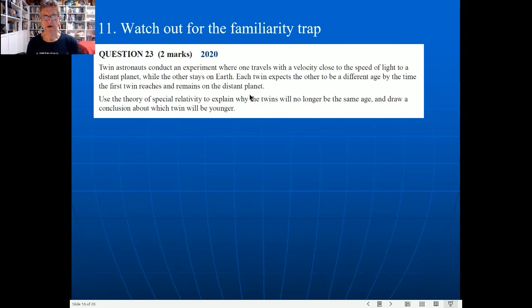Okay, so the twin paradox is about arriving back at Earth. This question just uses twins, but one lands on a different planet. So you get trapped by the familiarity. When I was thinking of the answer for that, I just automatically thought of explaining the twin paradox, but that'd be completely, well, not so much completely wrong, but it's not what this question's about.